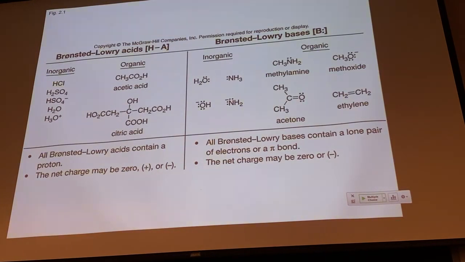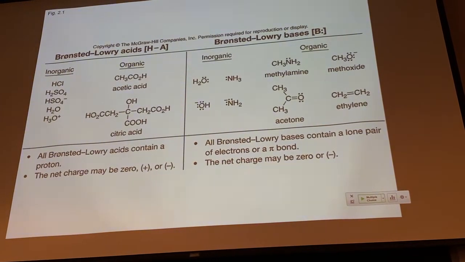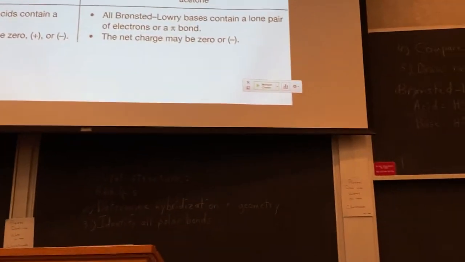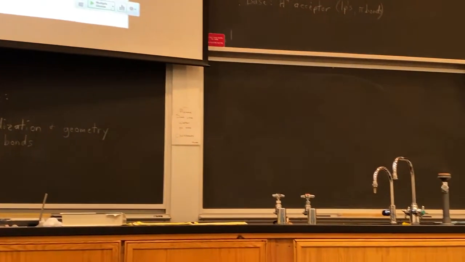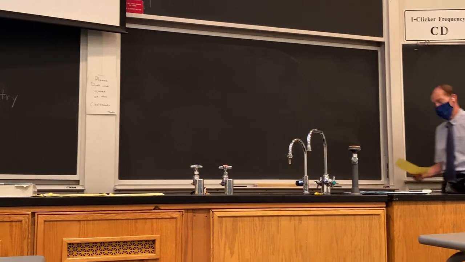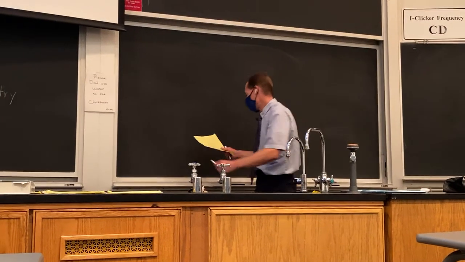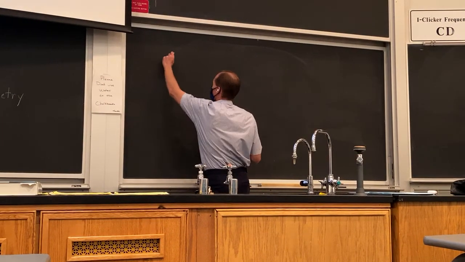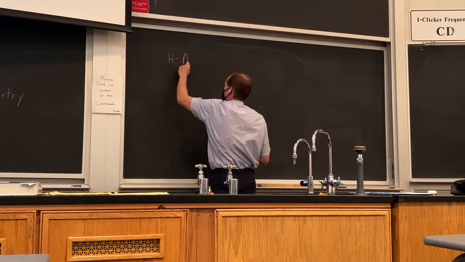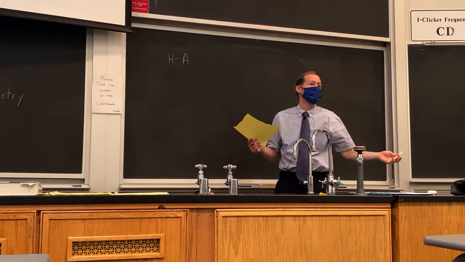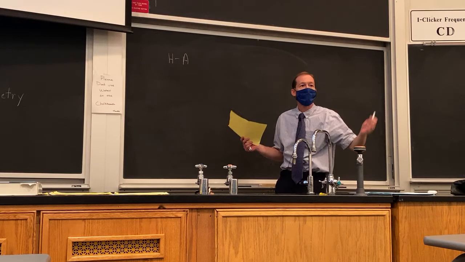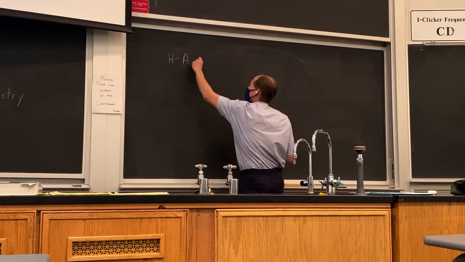So, acids and bases undergo acid-base reactions. Let's take a look at just a generic Bronsted-Lowry acid-base reaction. HA is our generic form of writing a Bronsted-Lowry acid.